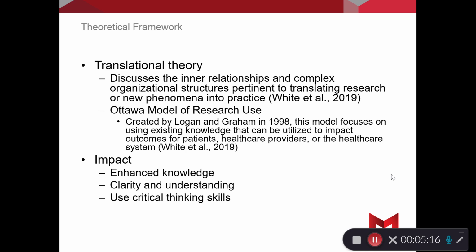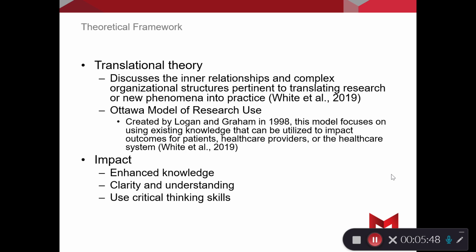The specific model under that theory that was utilized for this project is the Ottawa Model of Research Use. This model was created in 1998, and it focuses on using existing evidence that's already out there and already implemented in practice, and applying it to current practice, impacting patients, healthcare providers, and the healthcare system as a whole.